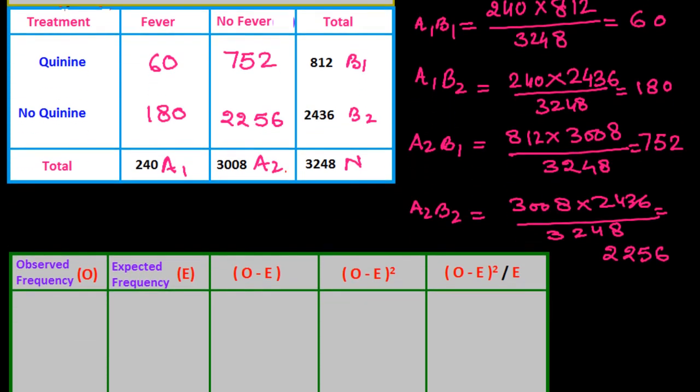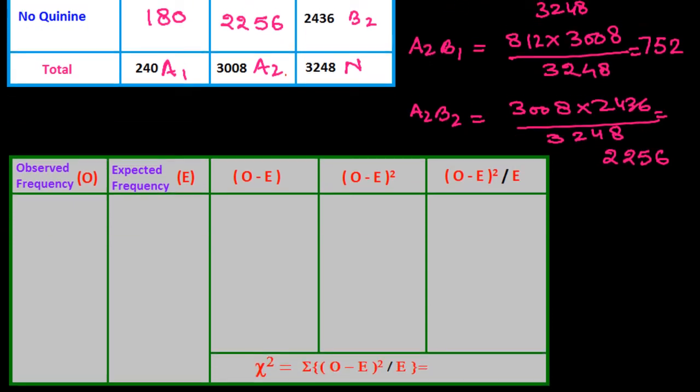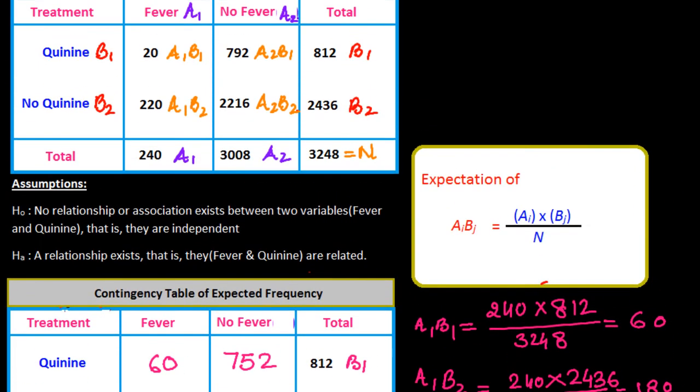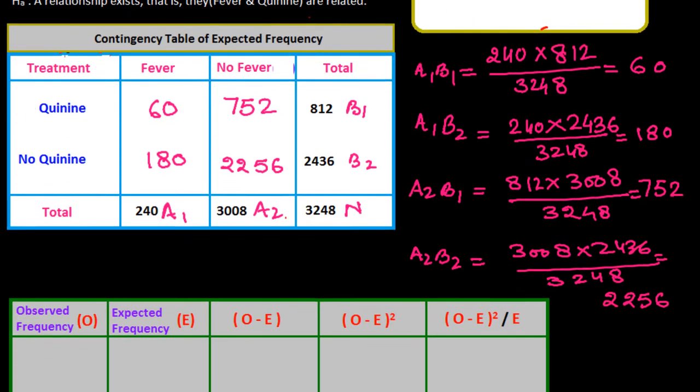Now we put down these values in the analytical table we have made. First, the observed frequencies we have to put down: 20, 220, 792 and 2216.